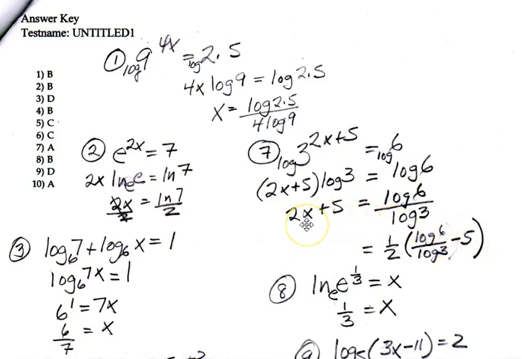And then we're going to divide by 2, which is the same as multiplying by 1/2, and this is the answer. Number 8, we're converting it. Remember, natural log of e just becomes a 1, and our answer here is 1/3, so x is 1/3.